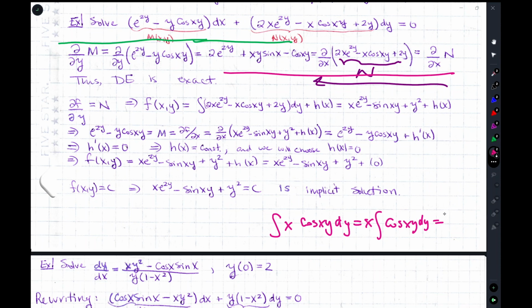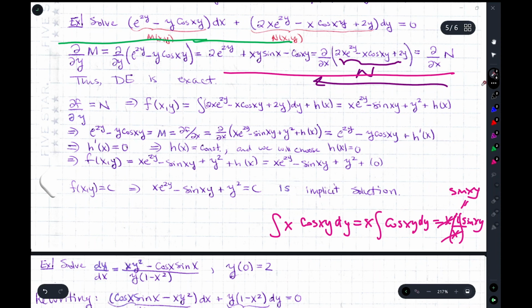The integral of cosine is sine with respect to y, but you treat x as a constant. And so we have x times 1 over x sine xy. These x's cancel, and this is a 1 there. And so you end up getting sine xy for that expression. And that's that there. So just kind of an example of treating x like a constant.